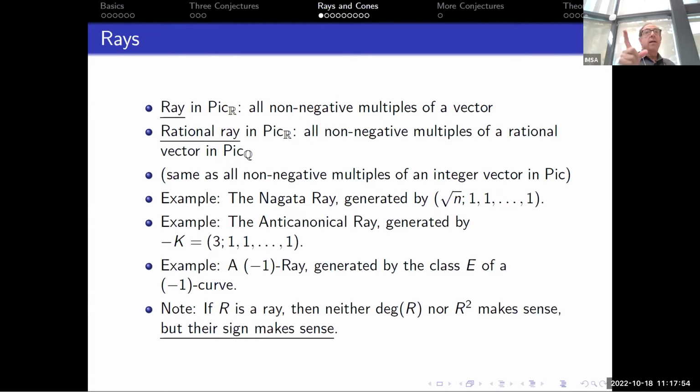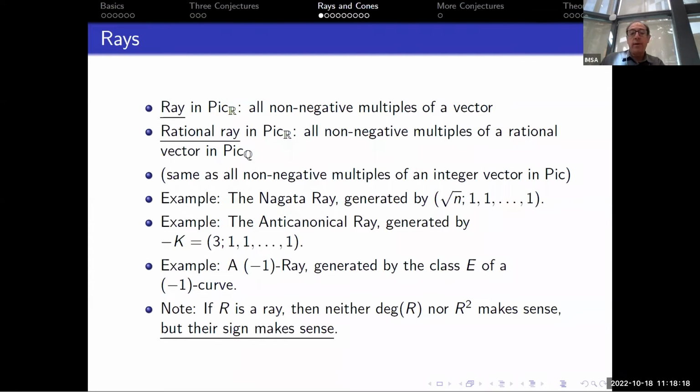Okay, and the ray is called rational if it can be generated by a rational vector or an integer vector, all non-negative multiples of a rational vector. For example, the Nagata ray is the one generated by the square root of n and all ones, right?